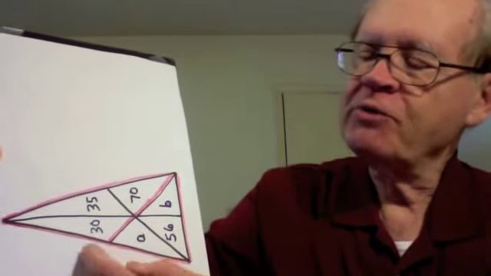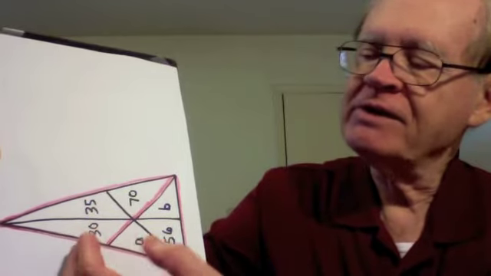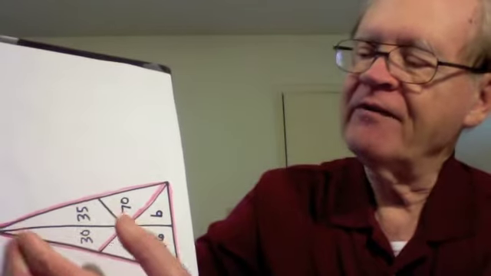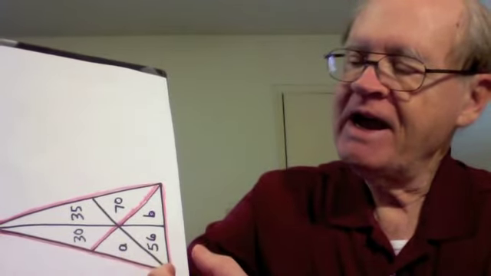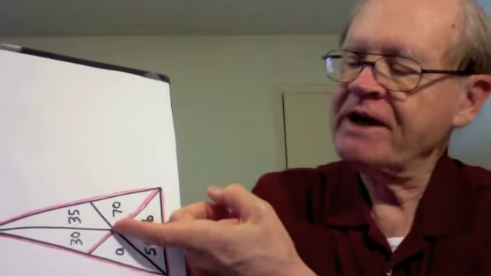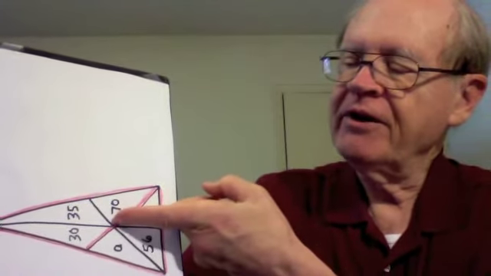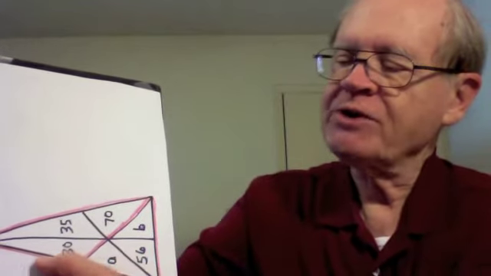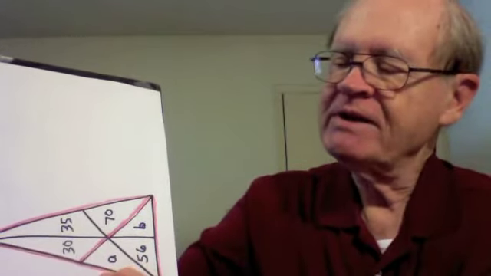But that is also true of the triangles 30 and A. They have these same 2 bases, and they have the same height because each of them has a vertex here where the inner lines cross. So their areas also are proportional to these same 2 bases.